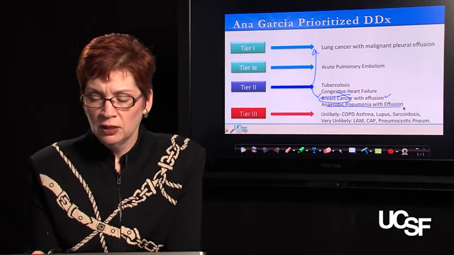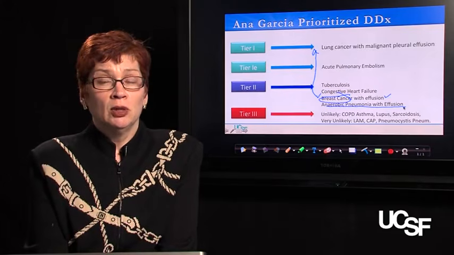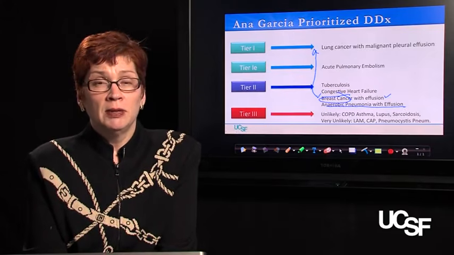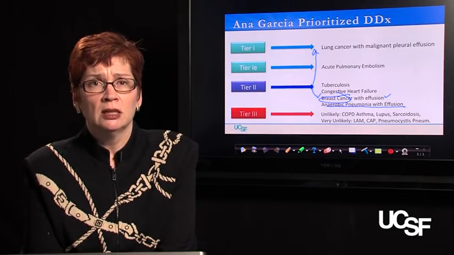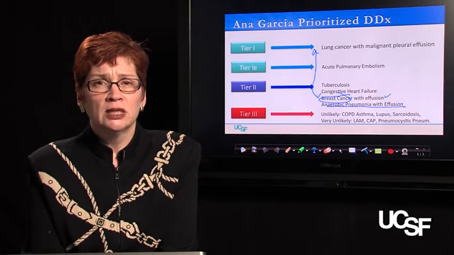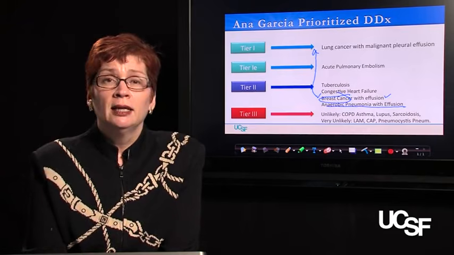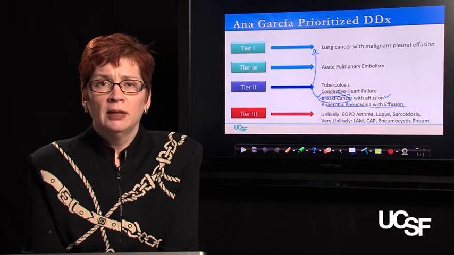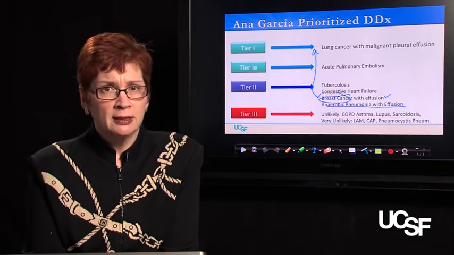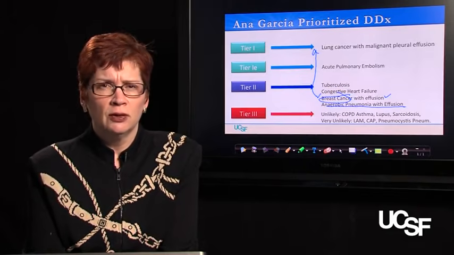Anaerobic pneumonia with effusion. First off, epidemiologically very unlikely. Anaerobic pneumonias typically occur in patients who have very poor dentition. We didn't hear about dentition in Ms. Garcia, so we would assume that there was nothing striking about her dentition, although it would be good to go back and check. Also, it occurs in people who frequently have had episodes of loss of consciousness that lead to aspiration, and there's nothing in her history that suggests that she's at risk for that.